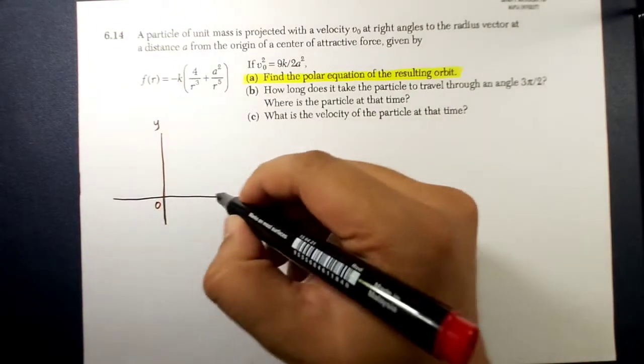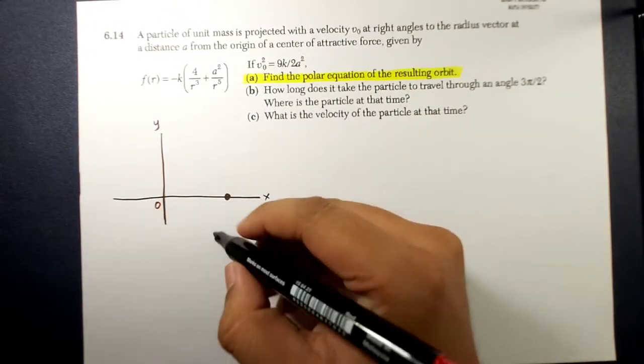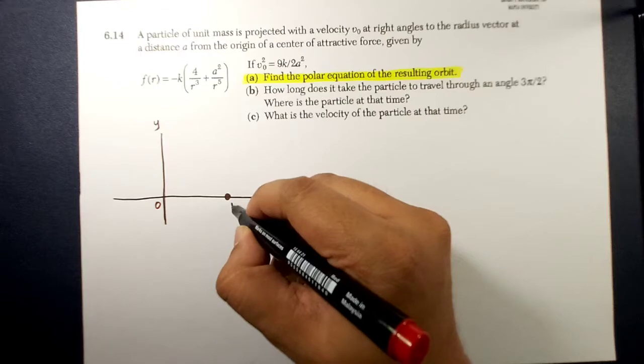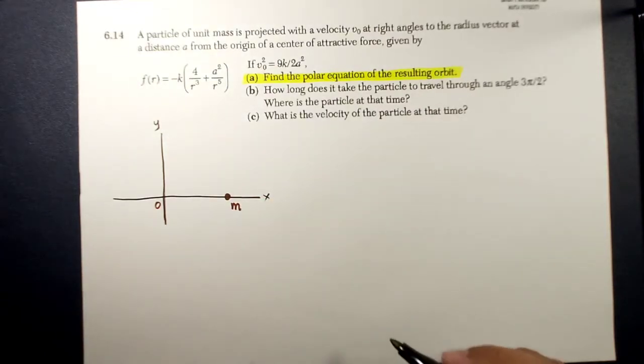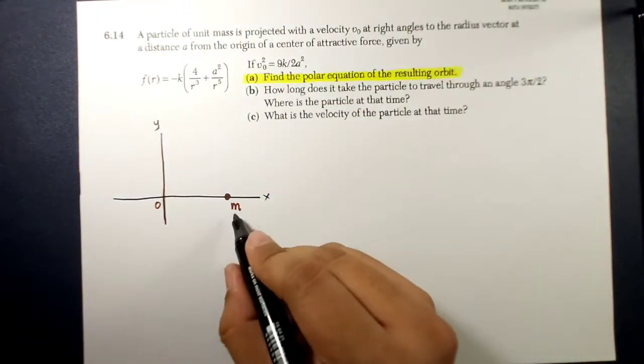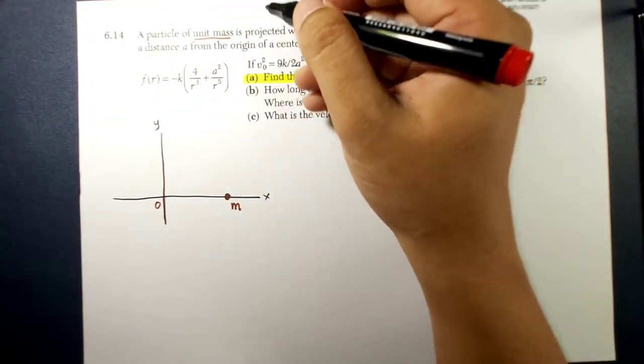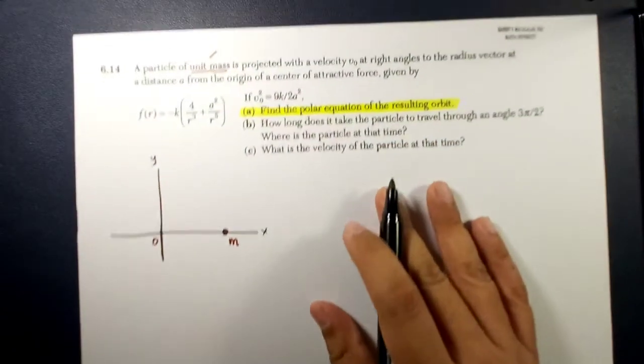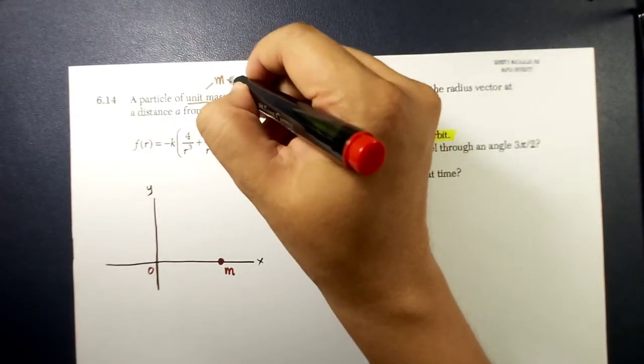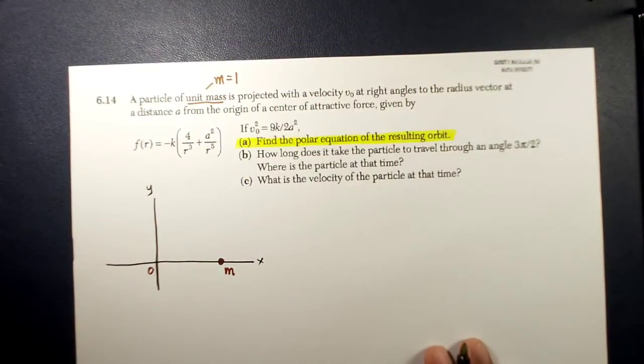So if this is your origin, this is your particle. Let's say the particle has mass m, and it's already mentioned that it has a unit mass, so that means m is equal to 1.